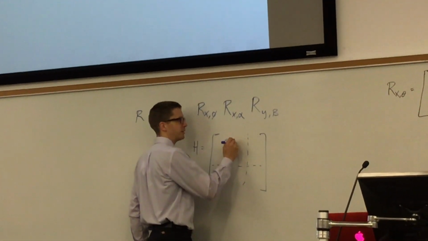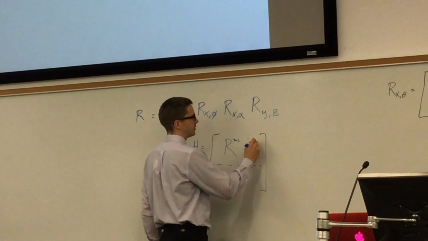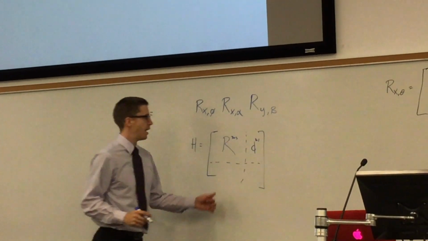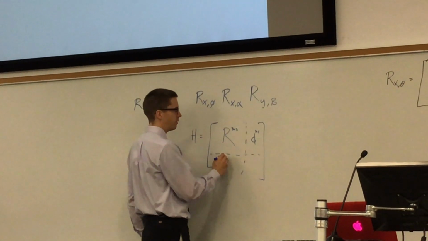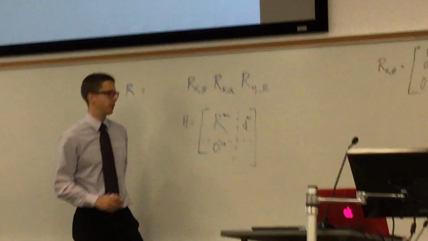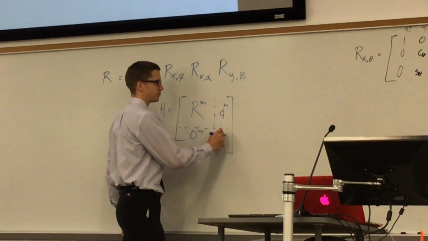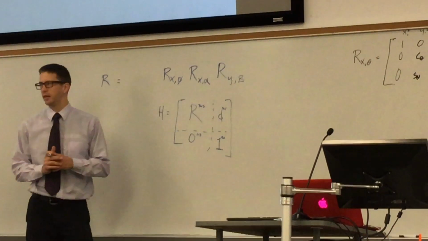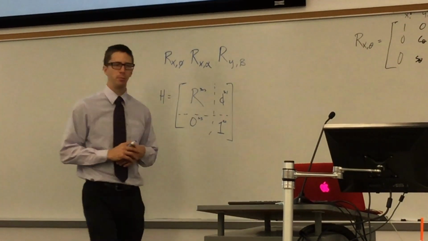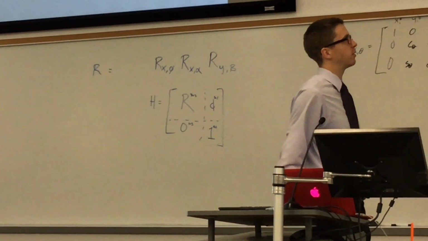And then we've got a D, this is 3x1. And then we've got a 1 by 3 row of zeros. There's 3 zeros in it. And then we've got a 1 here that is a 1x1 matrix. This is how we're building these homogeneous transformations. So we've got R, D, 0, 1.